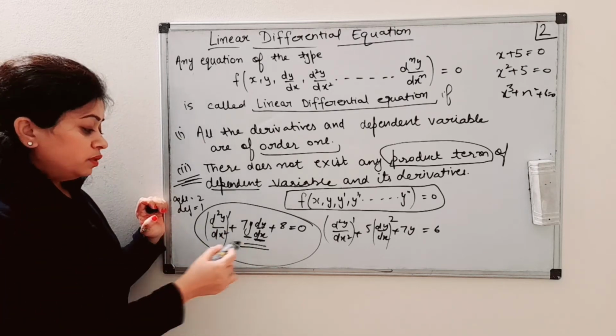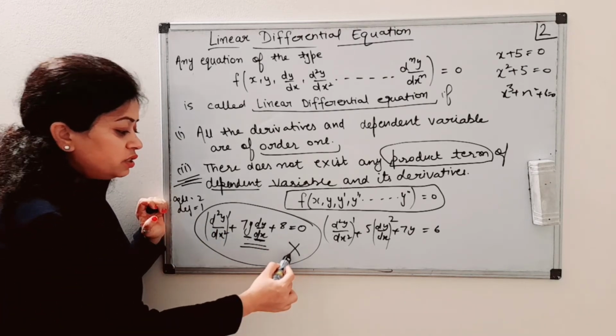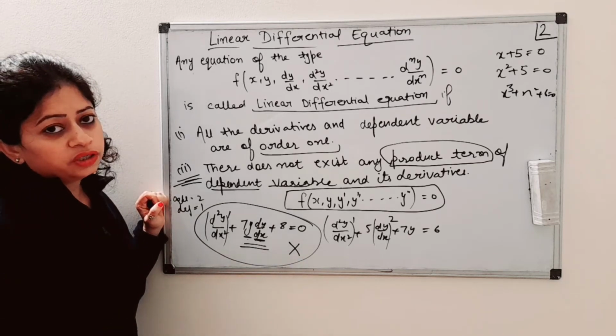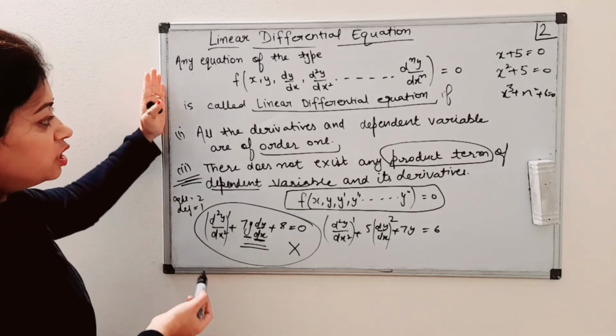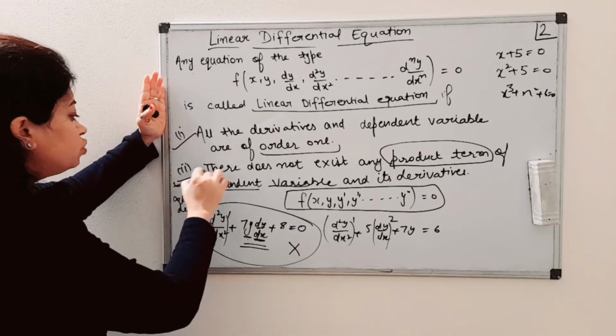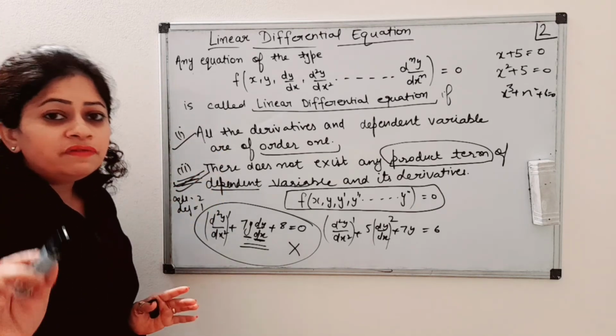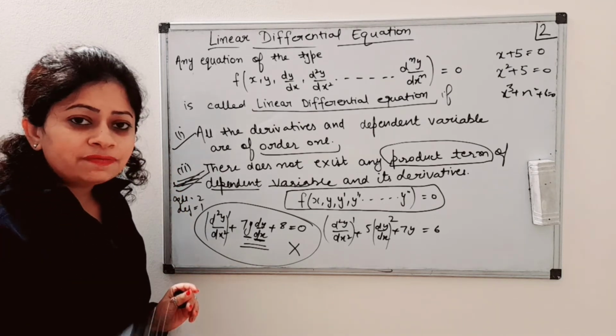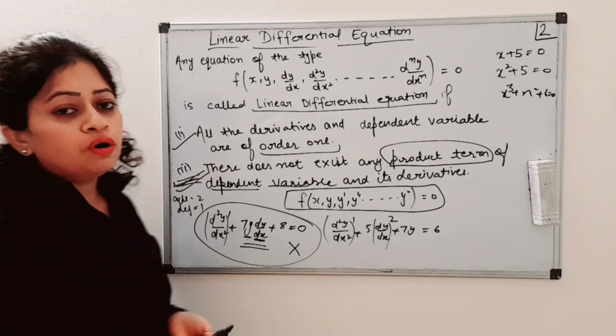If we have it, then we will say this is not linear. This is non-linear differential equation. So if any differential equation satisfies these two conditions, then we will say it is linear, and if it does not satisfy, then we will say it is non-linear.